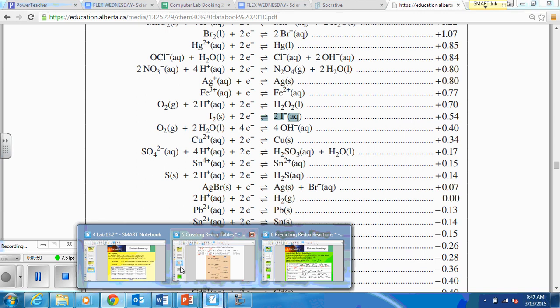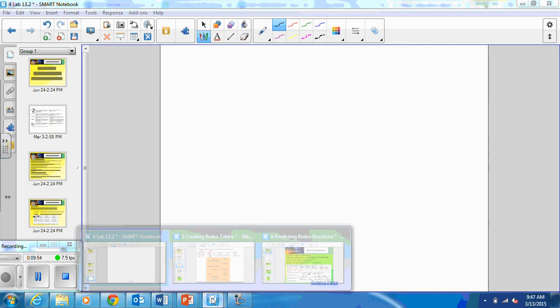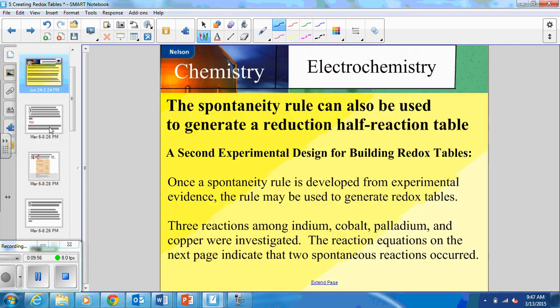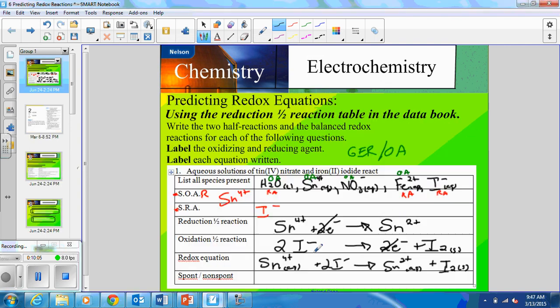So if we think back to our spontaneity rule, remember that if the OA is above the RA, it's spontaneous. But if the OA is below the RA, it's non-spontaneous. So in this case, because the tin 4 was lower than the iodide ions, this is going to be a non-spontaneous reaction.